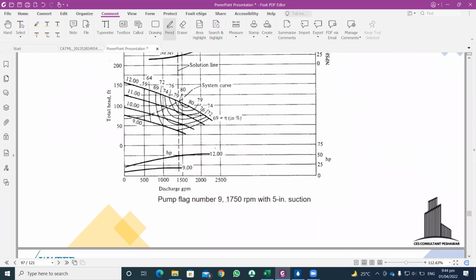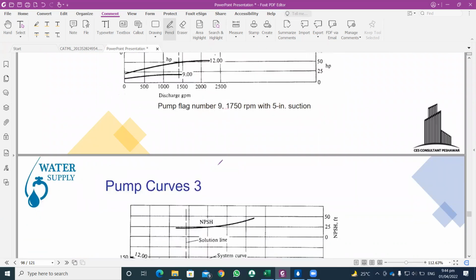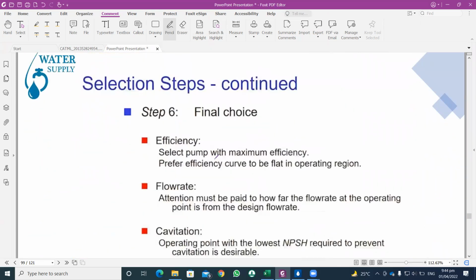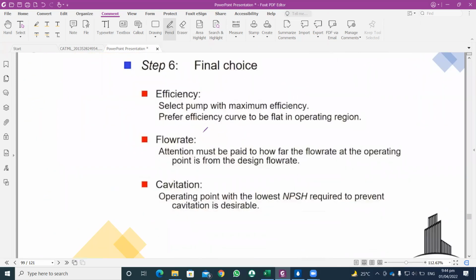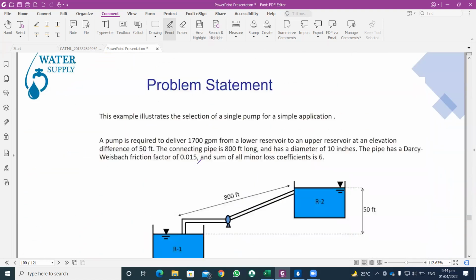These are the different curves referring to the specific flag number provided to you by a manufacturer. The final choice is selecting the best efficiency pump providing the flow required for the system, and the operating point with the lowest net positive suction head required to prevent cavitation is desirable.